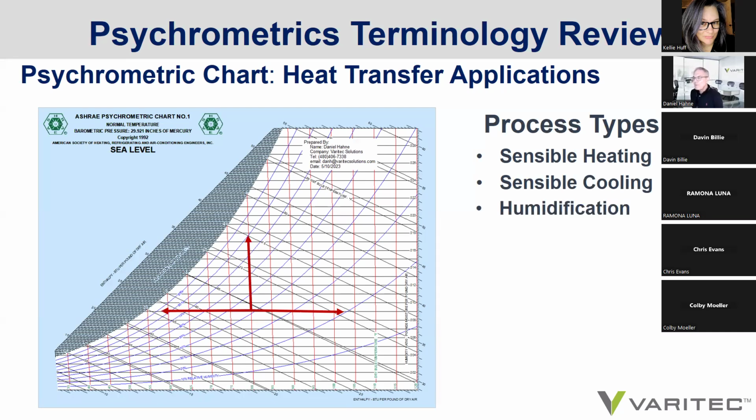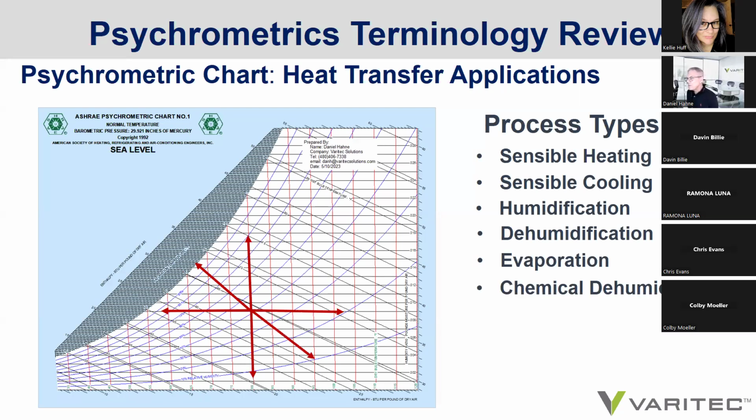We have humidification, where we add water or moisture to a sample of air without increasing the dry bulb temperature. We have dehumidification, where we remove humidity from a sample of air without removing temperature. There's the process of evaporation. There's the process of chemical dehumidification.